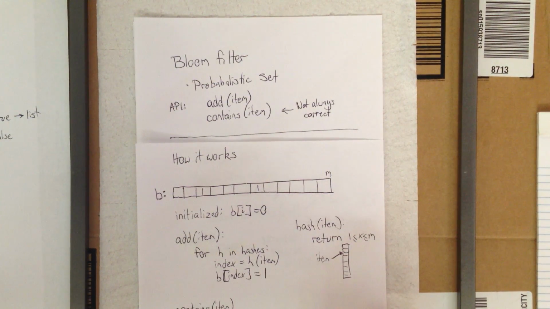But if all of them have been equal to 1, then the Bloom filter thinks it does contain the item, and it returns true. So this is how the Bloom filter checks contains.